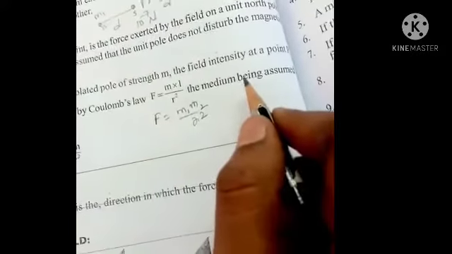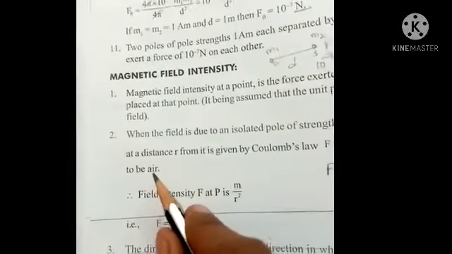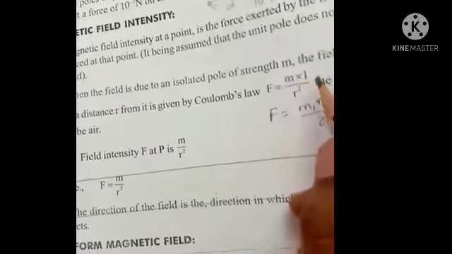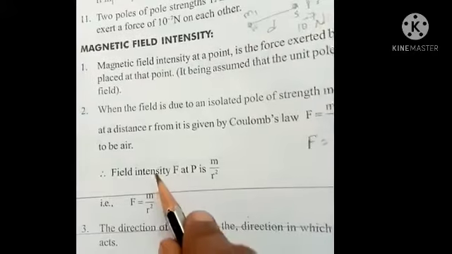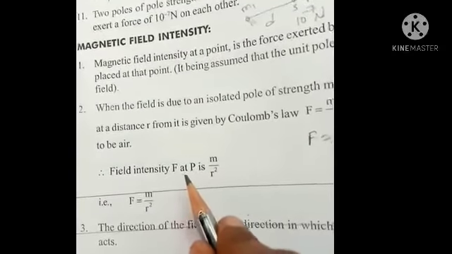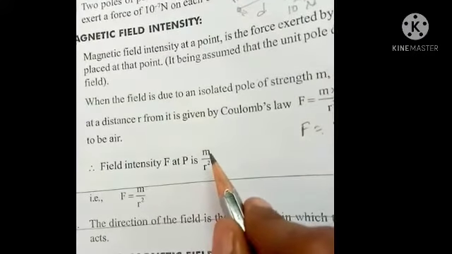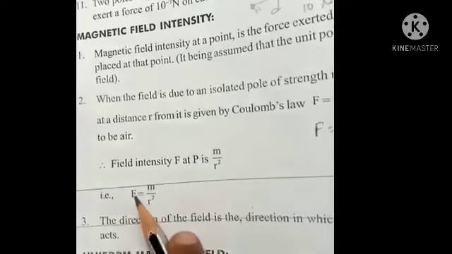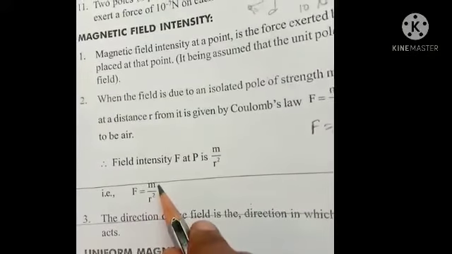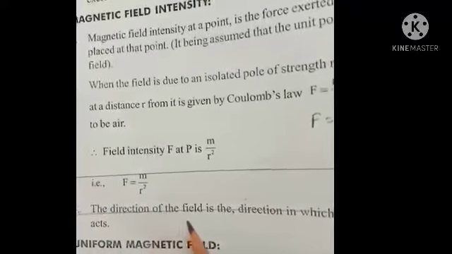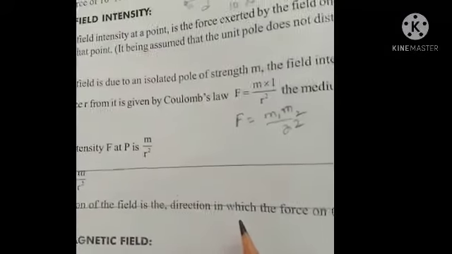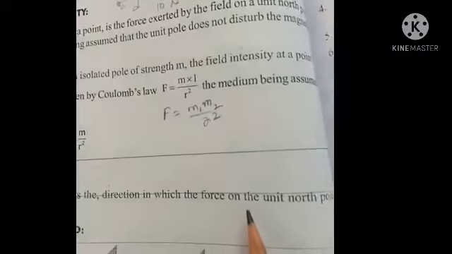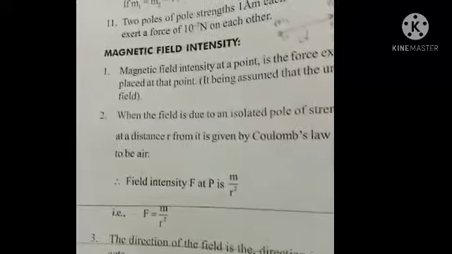The medium is assumed to be air. The field intensity F at P is m by r square. The direction of the field is the direction in which the force on the unit north pole acts.